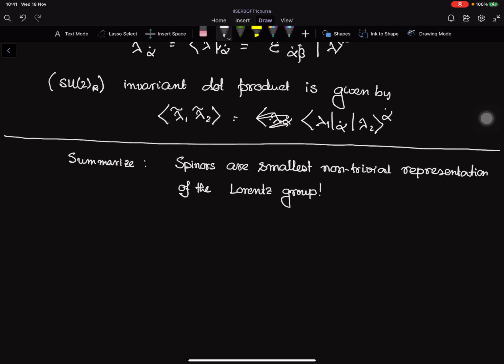Okay, so technically speaking, this is called the smallest non-trivial representation of the spin group. This is not the Lorentz group. Okay, so let me elaborate on that.